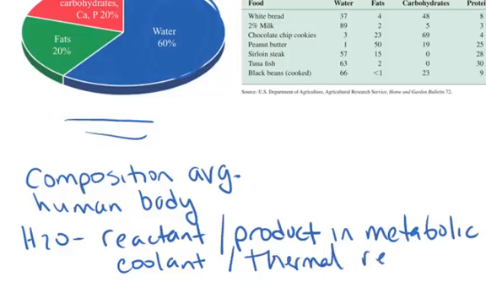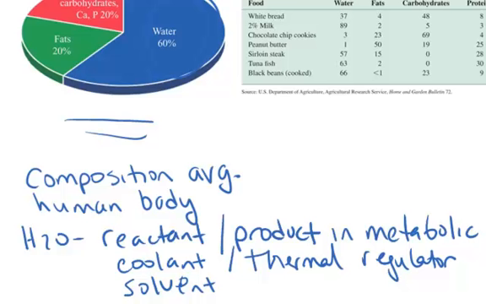For your body. And it also serves as a solvent. Okay, so it's a reactant, product, and solvent for the chemicals that are moving around your body from organ to organ. It's the solvent of blood. It's the solvent to various degrees in all of your organ systems.